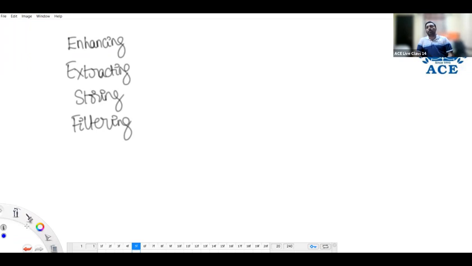Enhancing means amplifying the signal strength. Extract means pick the signal. However, if a voice signal is captured, and you are using a laptop, it can be captured by its microphone. Storing: if you want to do analysis later on, you store the information.